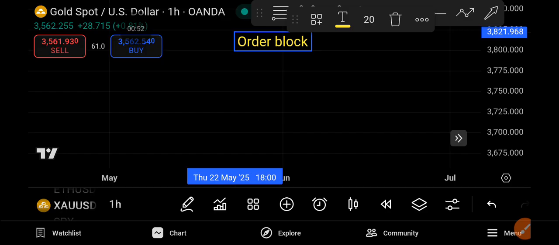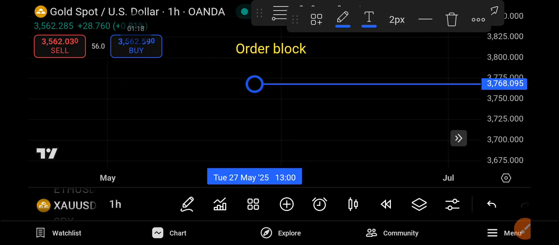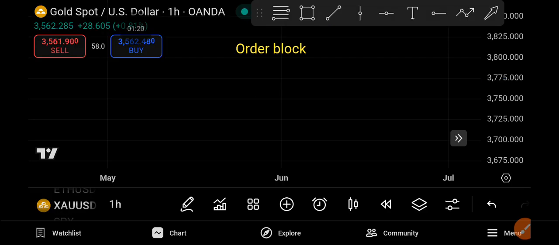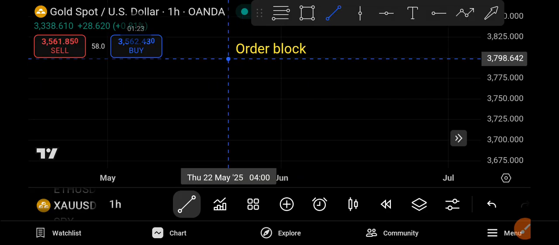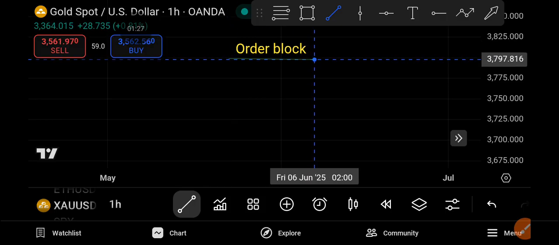What is an order block? An order block is referred to as the last candle before an aggressive move, before an impulse move, before the institutional move. I hope you're understanding. Order blocks are the places where the big boys always put their money and are always willing to add more money.